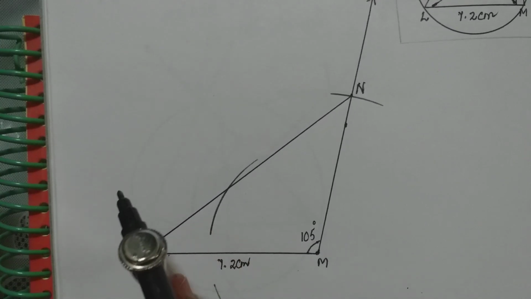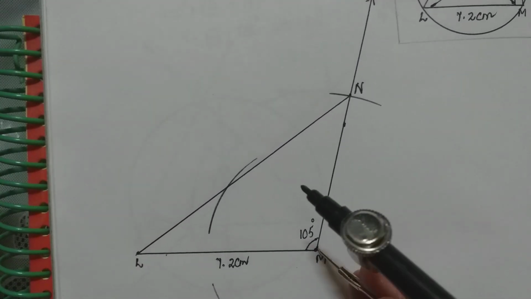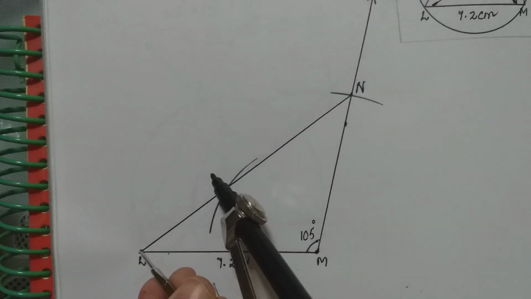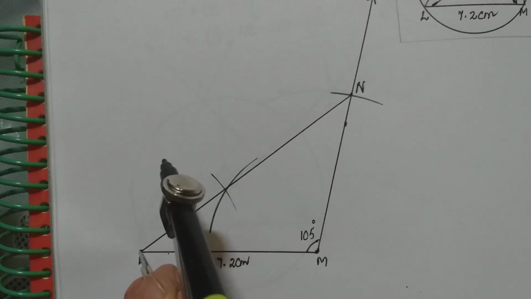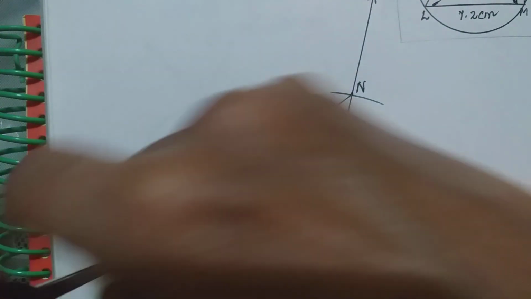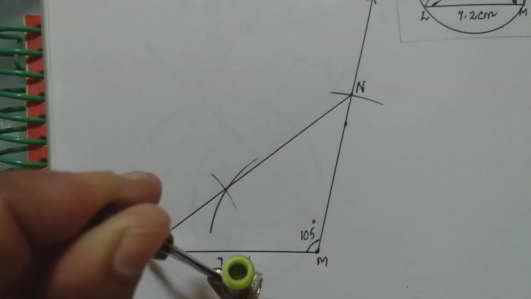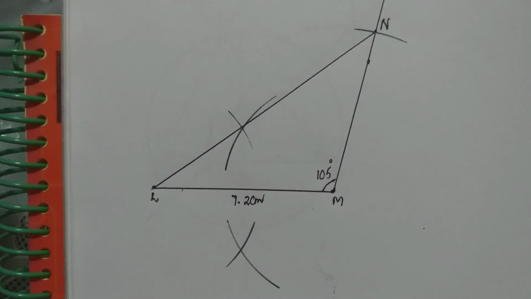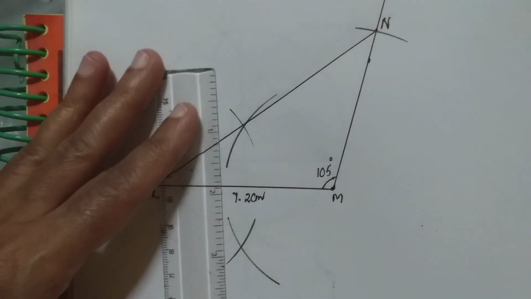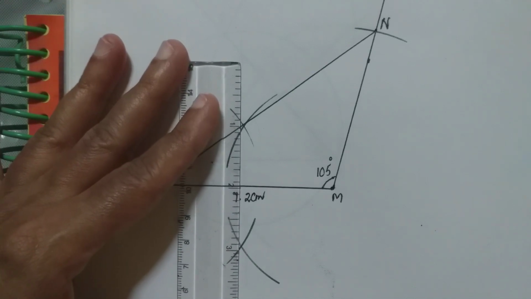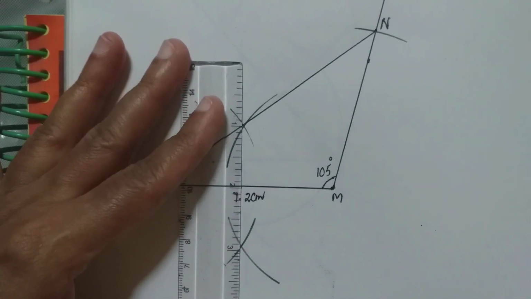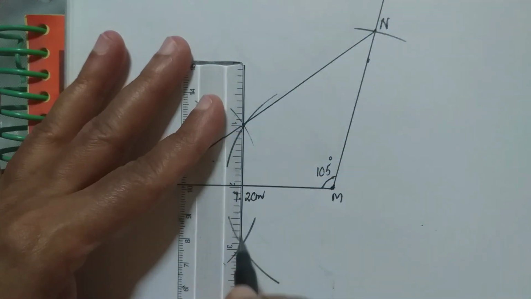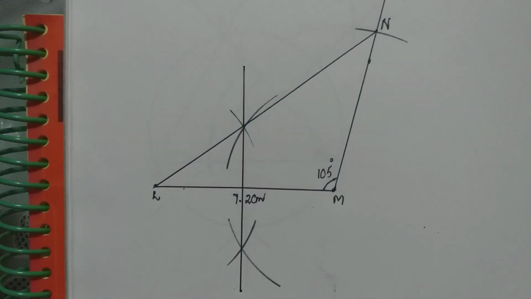Again, from this point L, we have drawn these arcs from point M. So now from point L, I cut these arcs. Okay, once both these arcs are cut, I will now take the scale and draw a line passing through the point of intersection of these pairs of arcs. Okay, so this is my first perpendicular bisector.